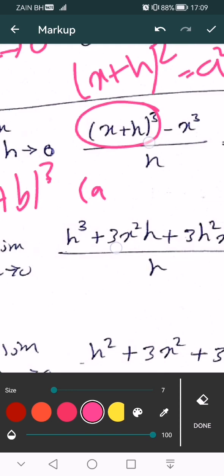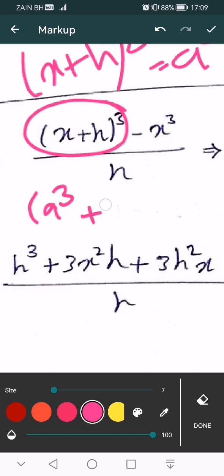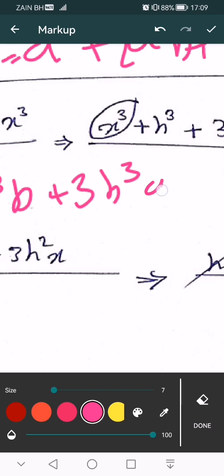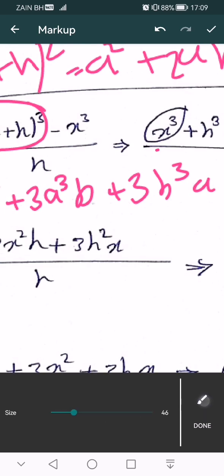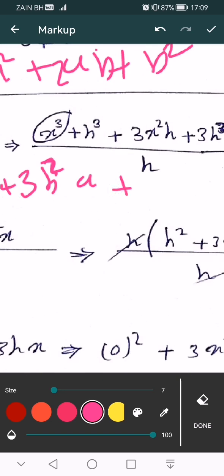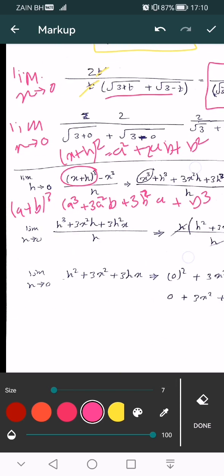Depending on this, I have the rule: a cube plus 3a square by b plus 3b square by a plus b cube.